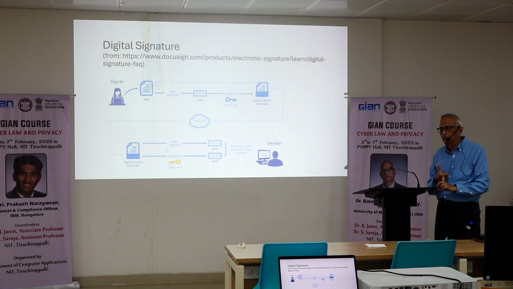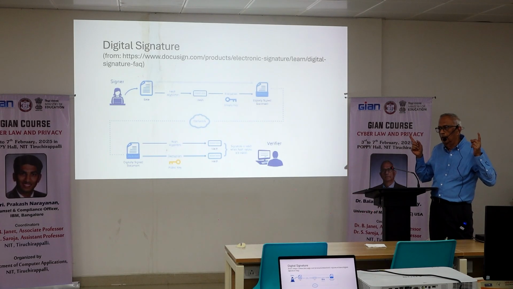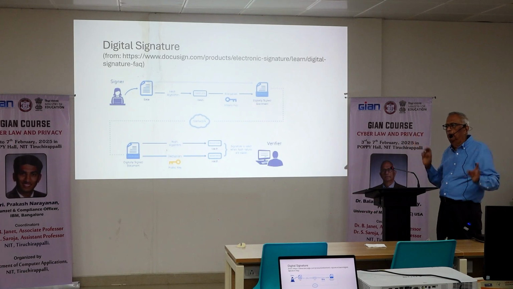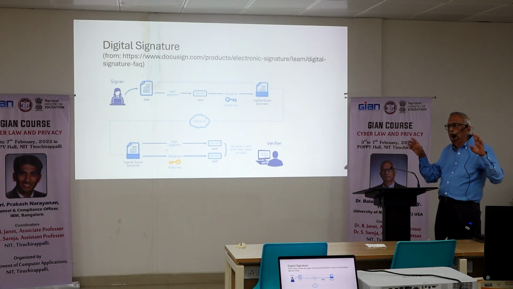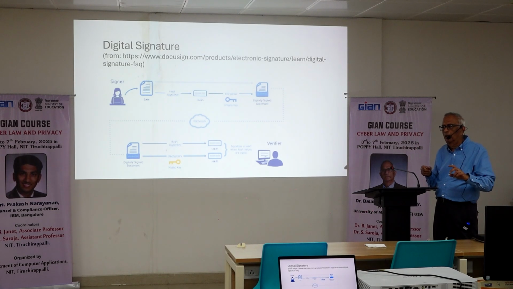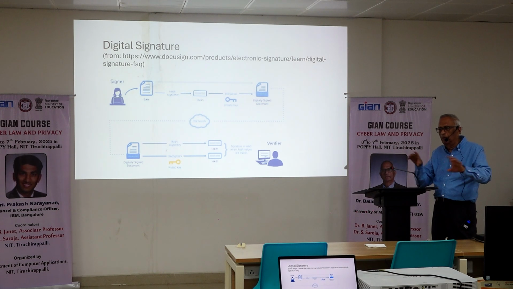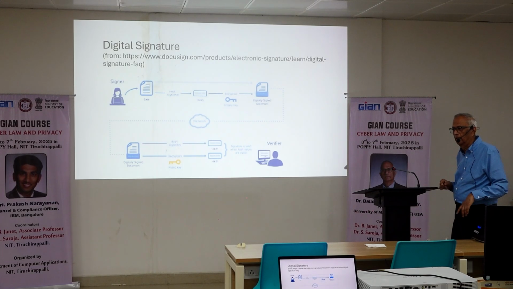At the same time, they use very large mathematical concepts like prime numbers, so that it is almost impossible to get the private key from the public key. The public key is published, but you still cannot get the private key from the public key.